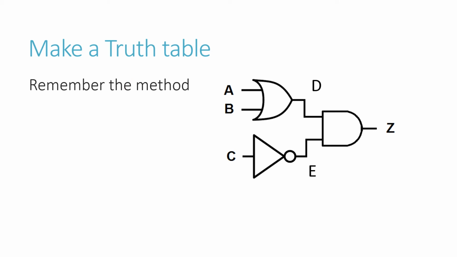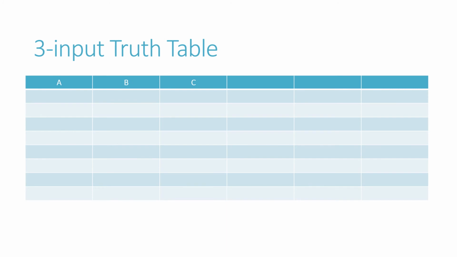Remember the method, I've added two letters to represent the intervening states. So now I'm going to create a truth table to match that circuit. Notice that there are three inputs to the circuit, A, B and C. So I've got to create a truth table with a column for each of those.